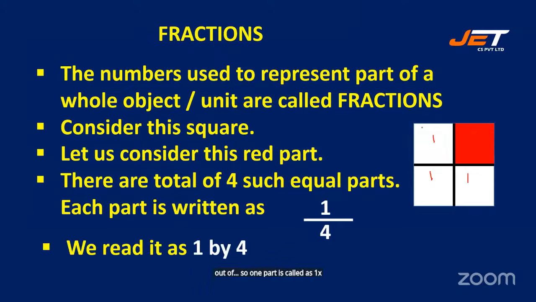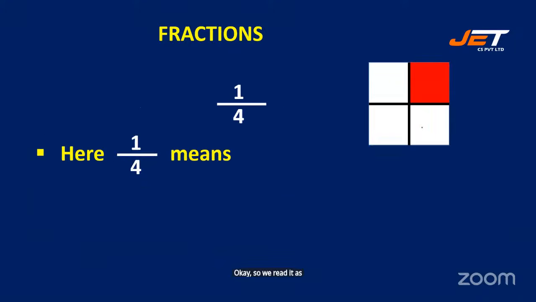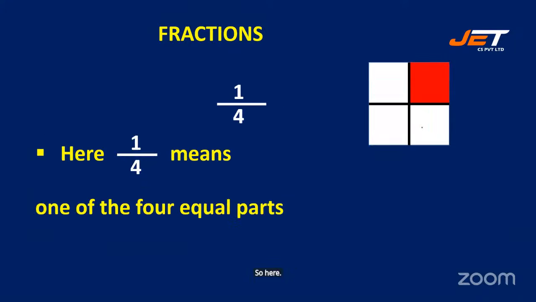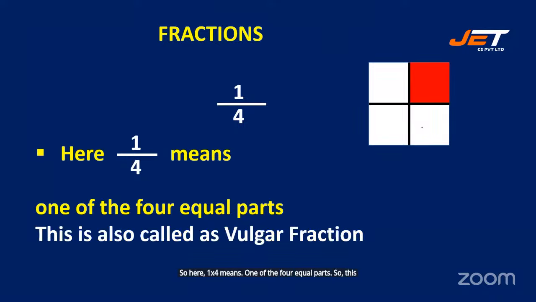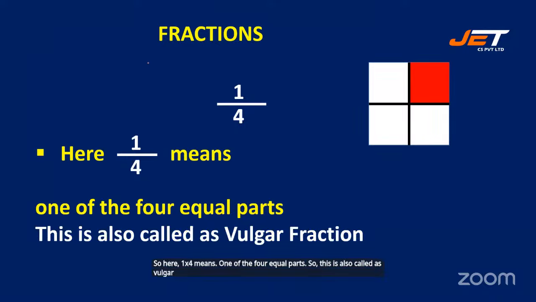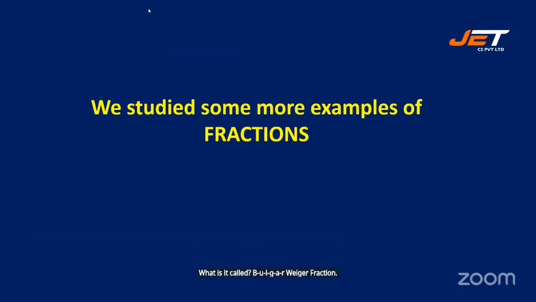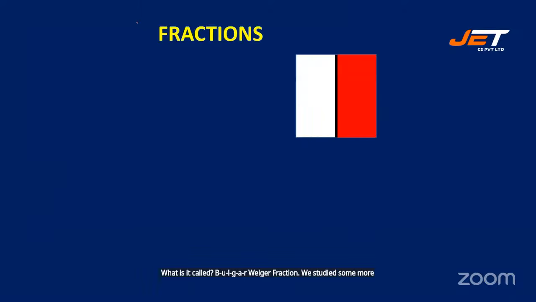We read it as 1 by 4. So here 1 by 4 means one of the 4 equal parts. This is also called a vulgar fraction. What is it called? Vulgar fraction.